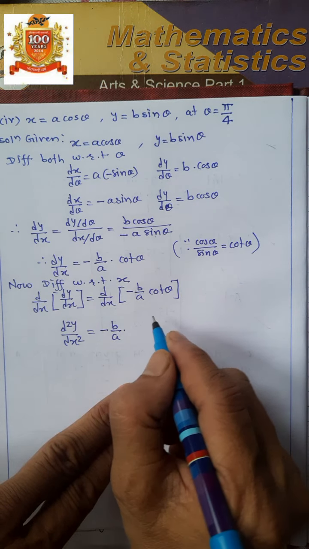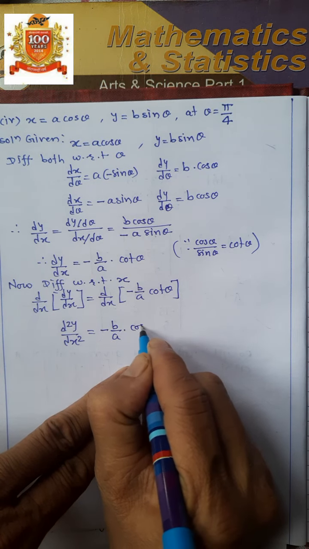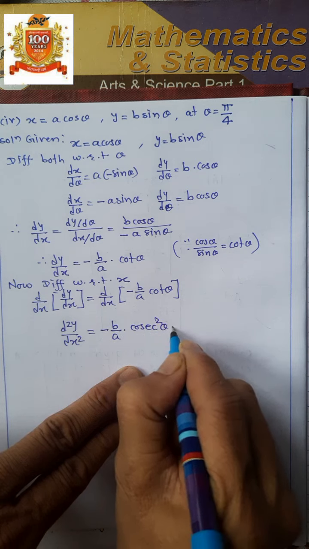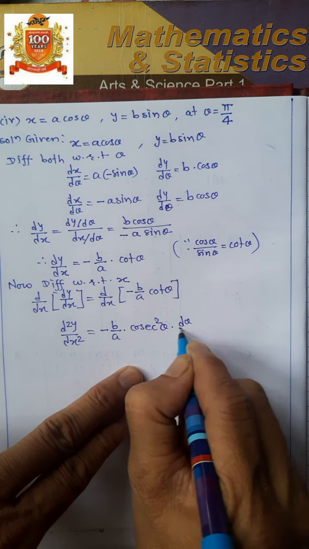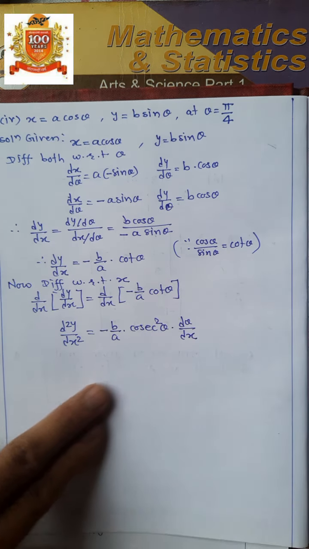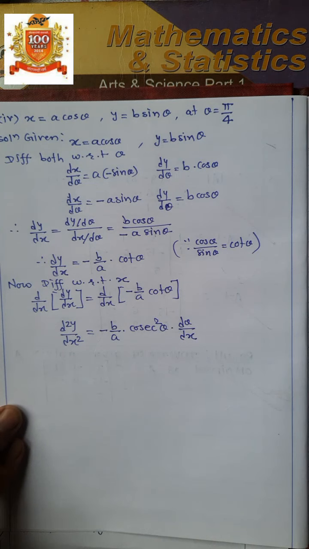Derivative of cot theta is minus cosec square theta into d theta by dx, isn't it?